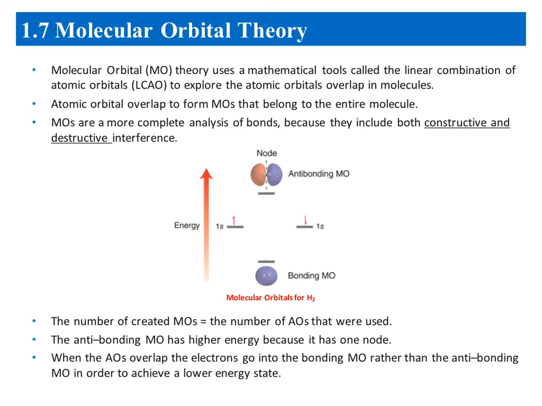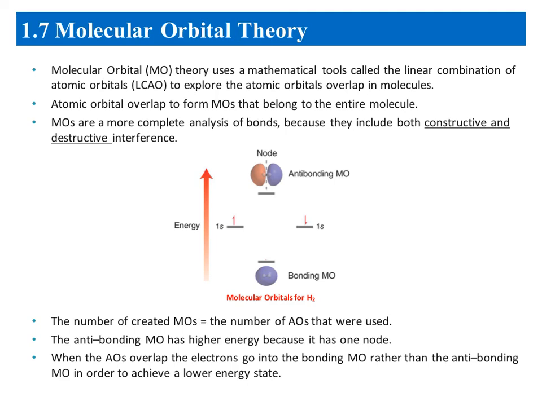Each hydrogen in the hydrogen molecule has one s atomic orbital, and each atomic orbital is filled by one electron. We just talked about different interference between the atomic orbitals, and we can have constructive or destructive interference here.